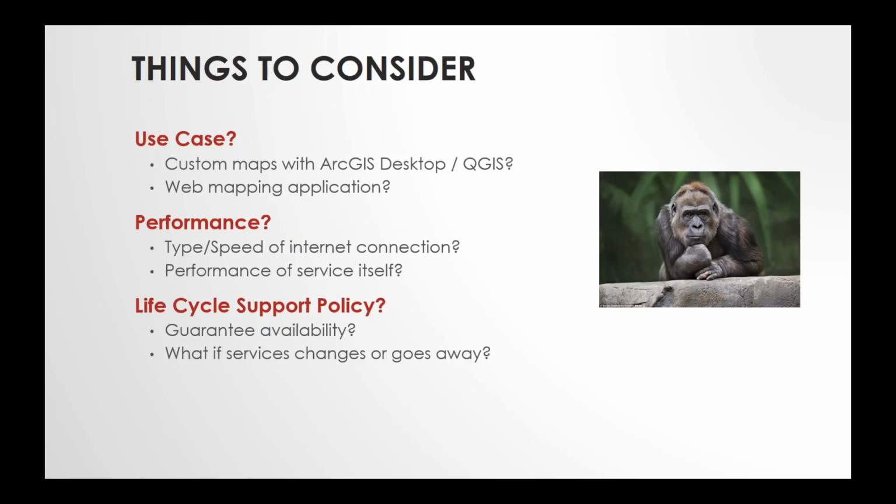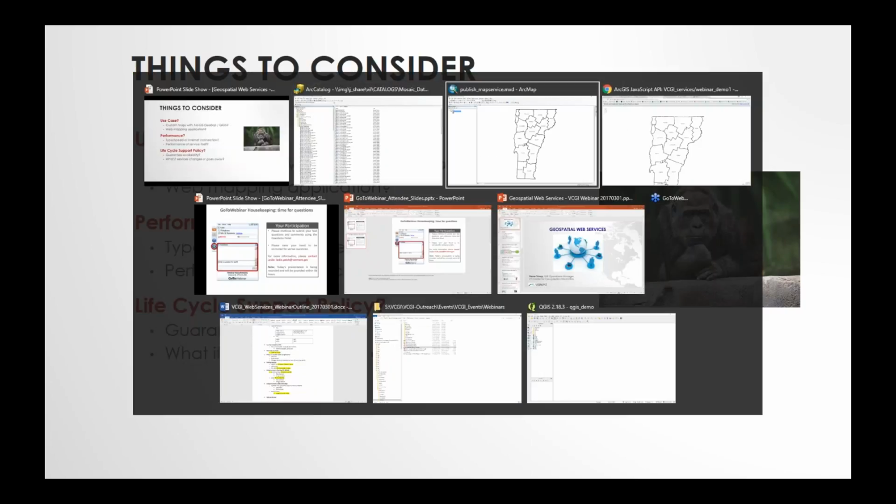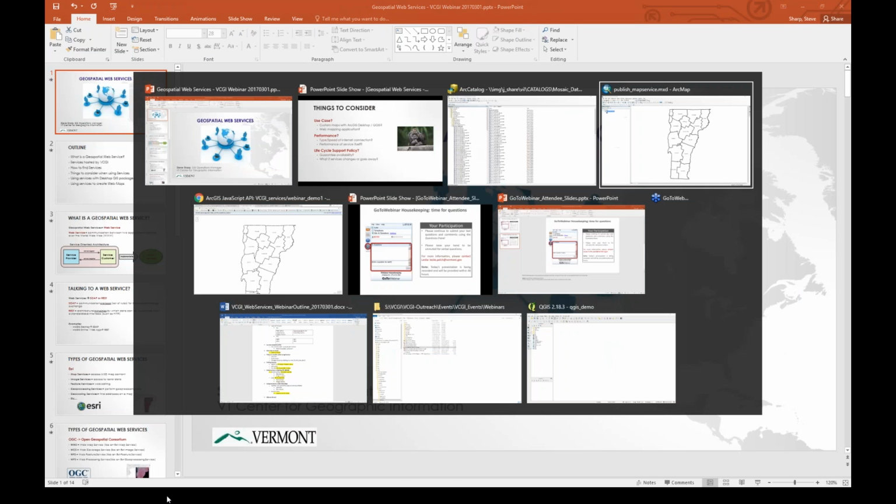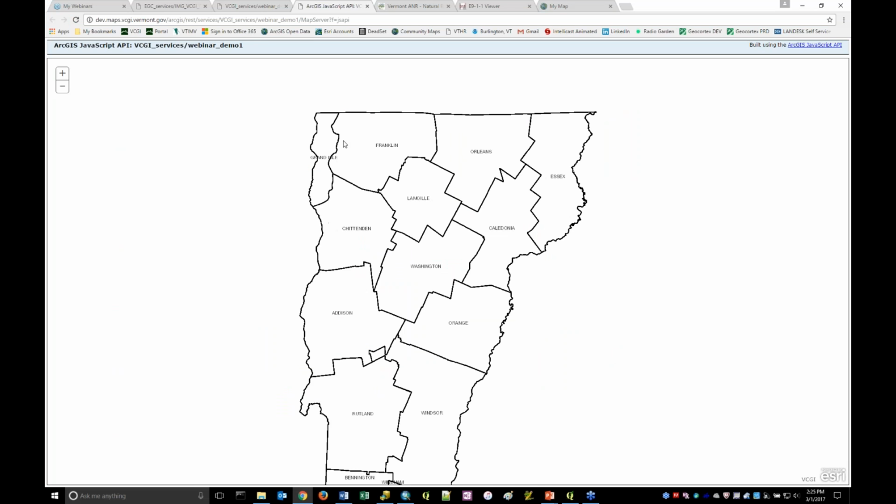Let me show you an example of where this comes into play and how VCGI has attempted to address this. Okay, here we go. Let me jump to the web now.